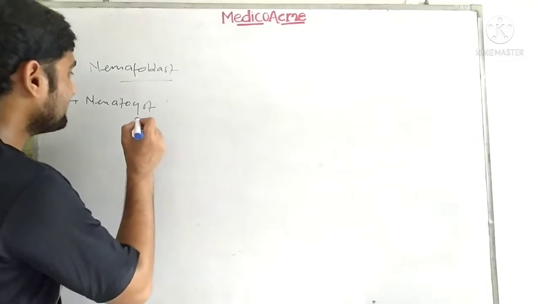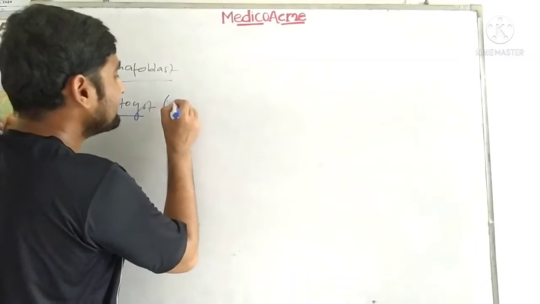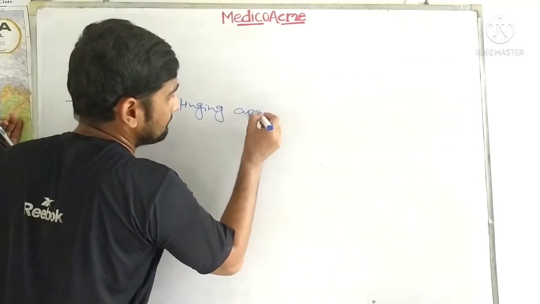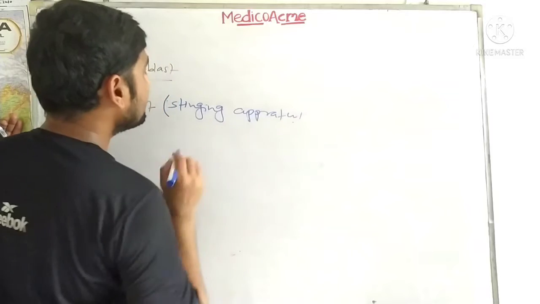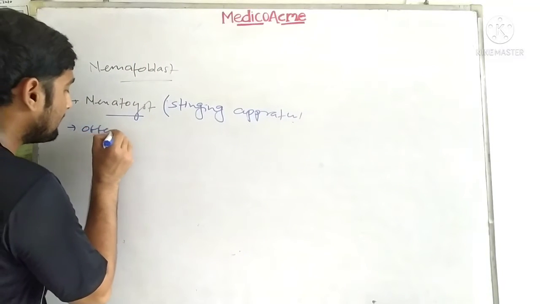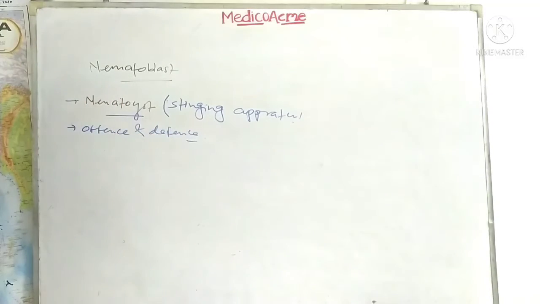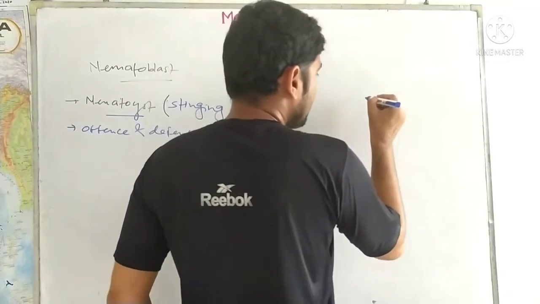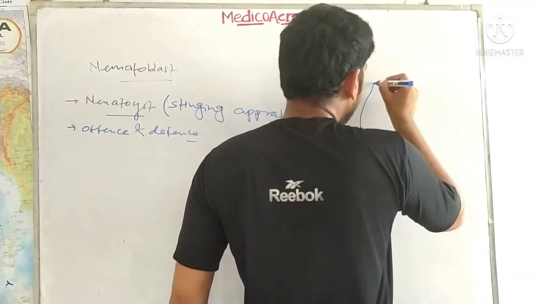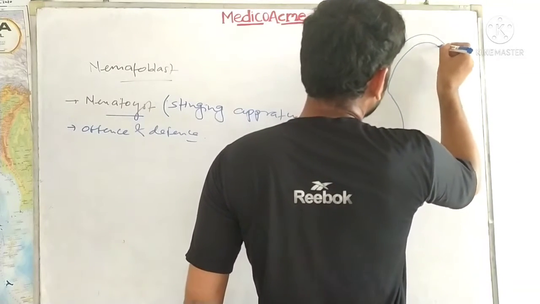So this is the brightest marker I have. Nematocysts are the stinging apparatus, used for offense and defense from the predator. Let's discuss in detail the structure, which becomes very important because it has this type of organization.